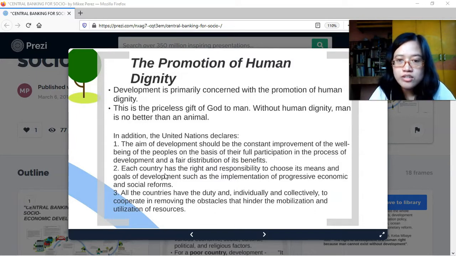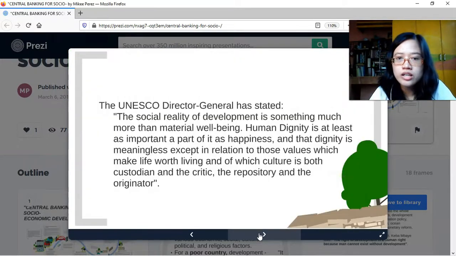Each country has the right and responsibility to choose its means and goals of development, such as the implementation of progressive economic and social reforms. All the countries have the duty, individually and collectively, to cooperate in removing the obstacles that hinder the mobilization and utilization of resources. Okay.